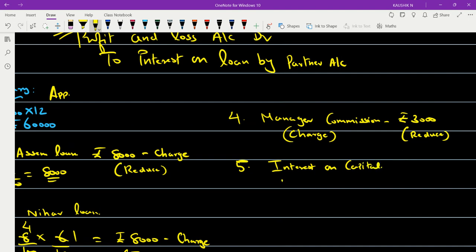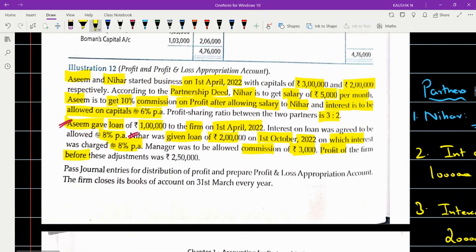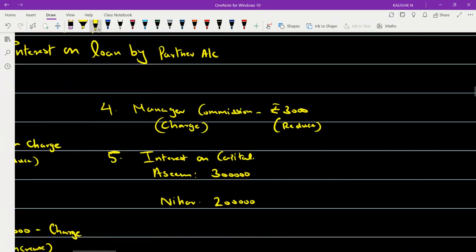First you will calculate for Asim, and then let's calculate for Nihar. So 3 lakh and 2 lakh. On 3 lakh, 6 percentage, and even on 2 lakh, 6 percentage.